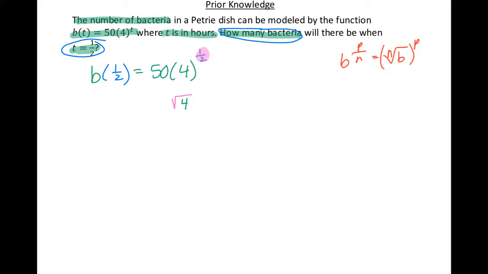So the 1/2 just means square root of 4. All I did right now is change the 1/2 into a square root. If you ever have something raised to a fraction, you could change it to radical form like this. The denominator is the root, and the numerator is the power. In this case, my root is 2, so square root to the first power, so I don't do anything with the first power. It's just square root of 4.